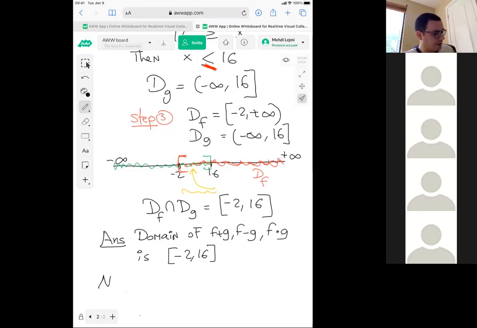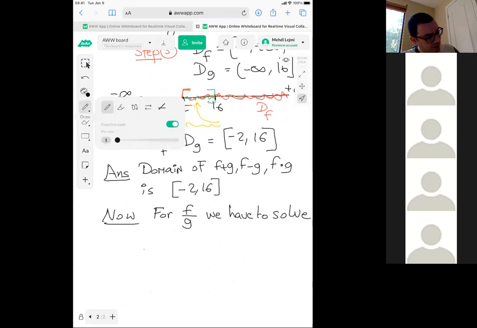Okay, now there's f over G left, right? So now for the domain of f over G, again, we have to exclude the values where G of x is 0. So we have to solve G of x is equal to 0.